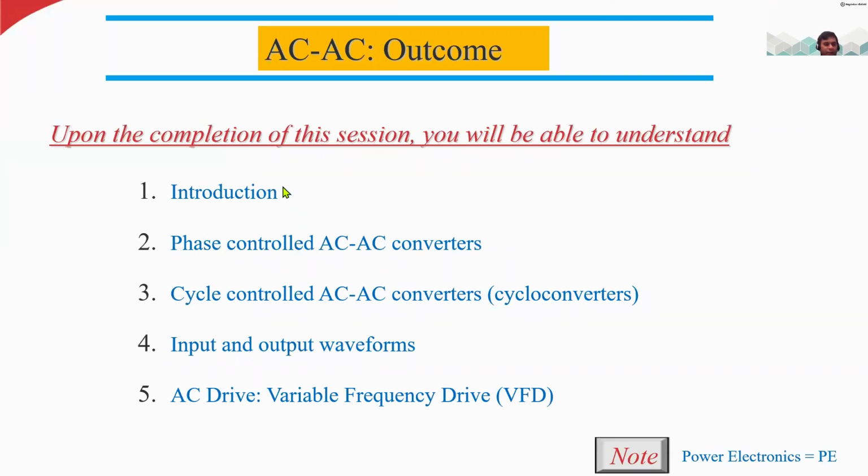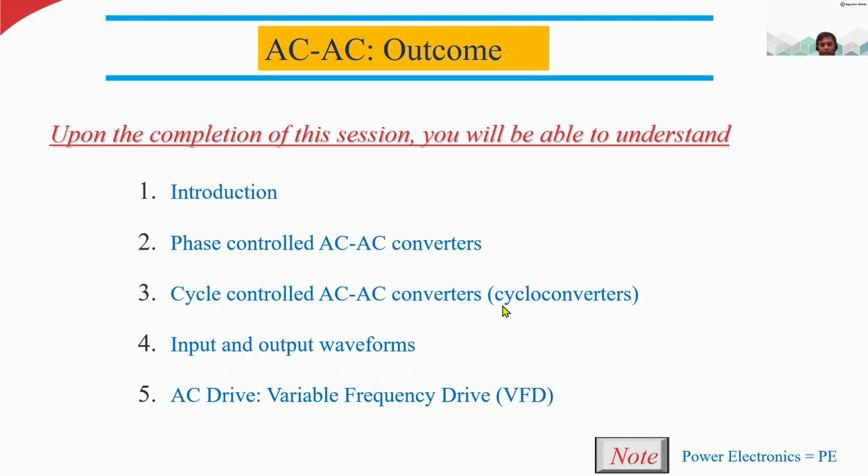First, we will see the introduction, and then we will see two major types of AC to AC converters. The first one is called phase controlled AC to AC converters. And the second one is called cycle controlled or frequency controlled AC to AC converters. We can also call this cycloconverters. You can understand from the name itself, cycloconverters.